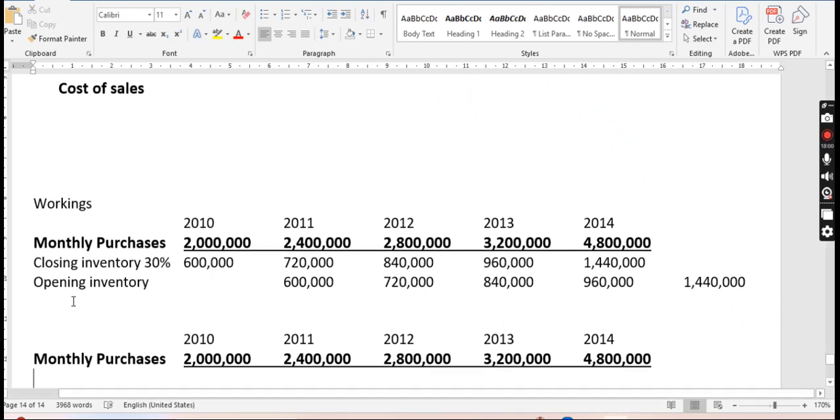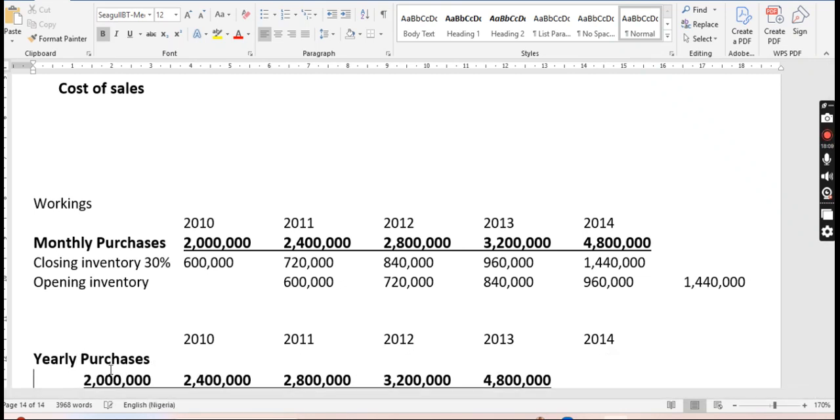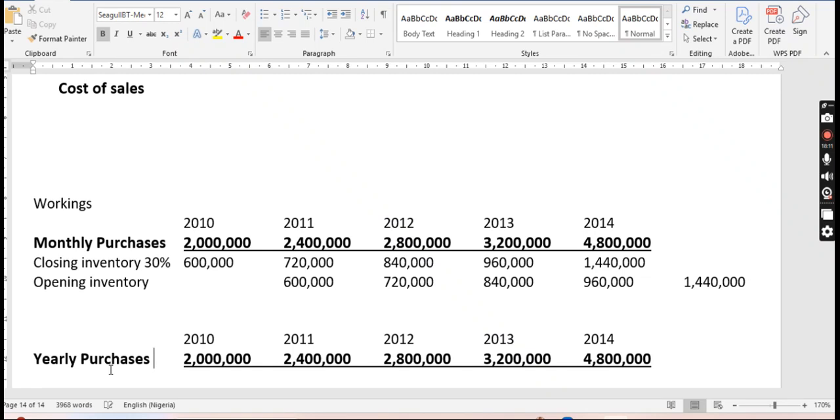Right? Now, yearly purchases are what we use in profit or loss, just as you use yearly sales. Then multiply by what? Multiply by 12 months.